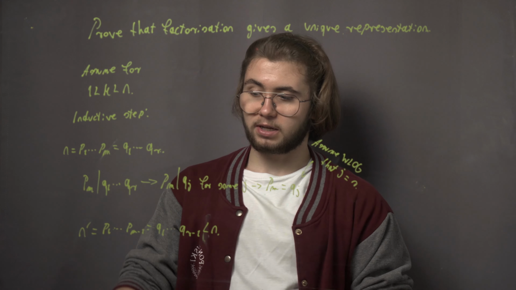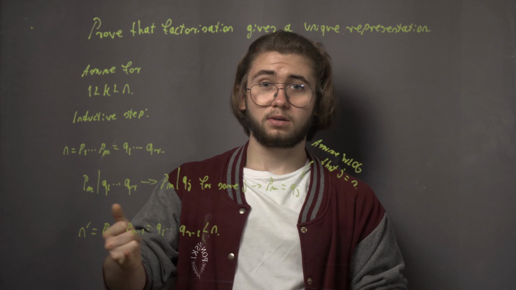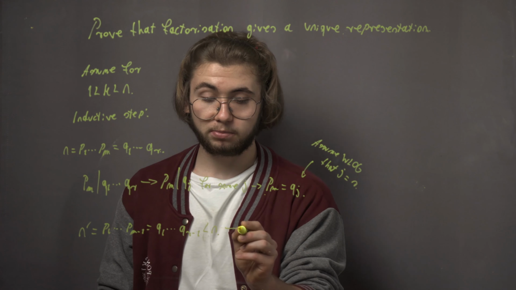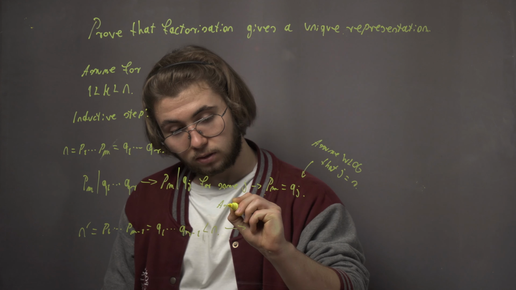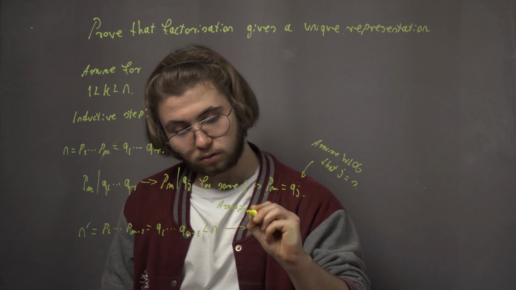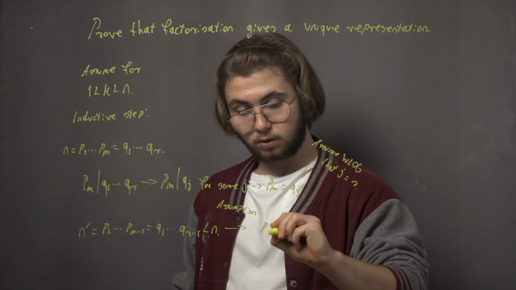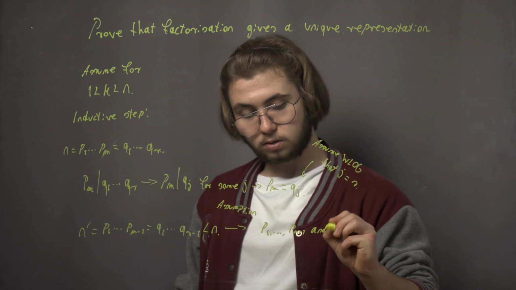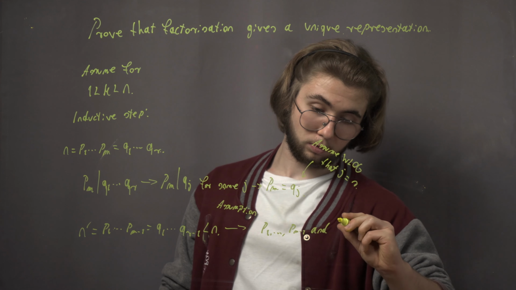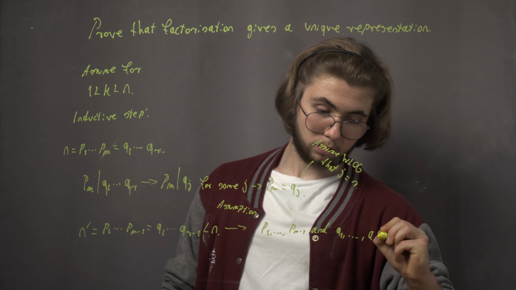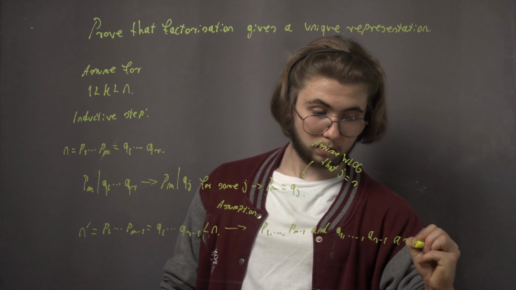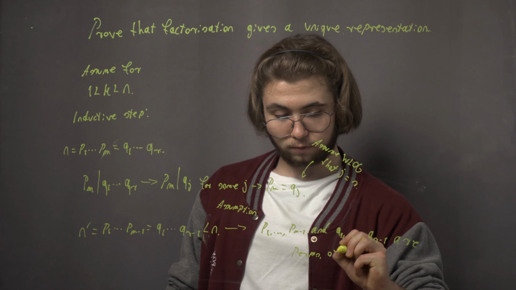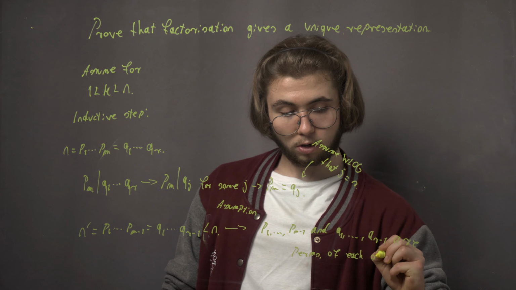Yes, so this means that those two are unique representations, so they are permutations of each other. By our assumption, this means that p1 up to p sub m minus 1 and not p but q1 up to q sub r minus 1 are permutations of each other.